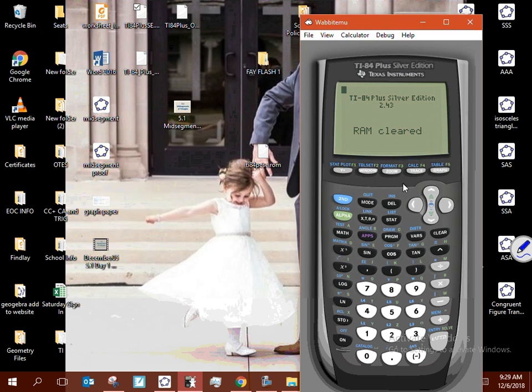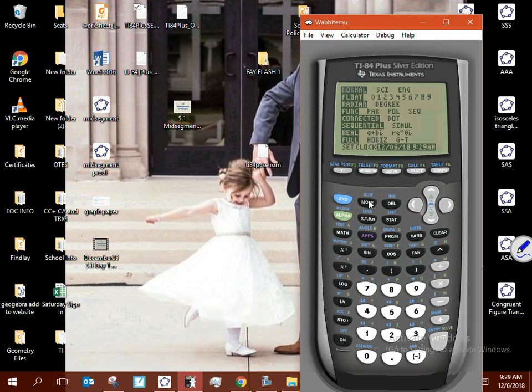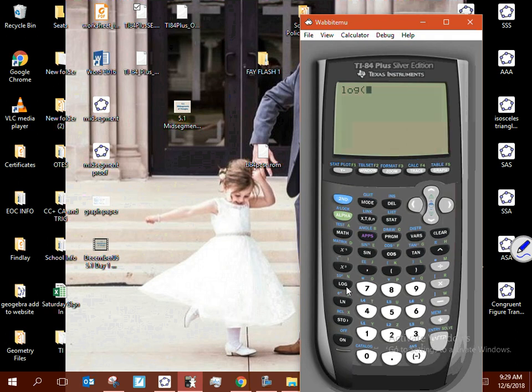If you had a TI-83 and no Silver Edition or anything like that, this is the ROM that you would have. And if I go to mode, that's my only screen. So when I hit log on my calculator, what does it fill in for me? It's automatically base 10.